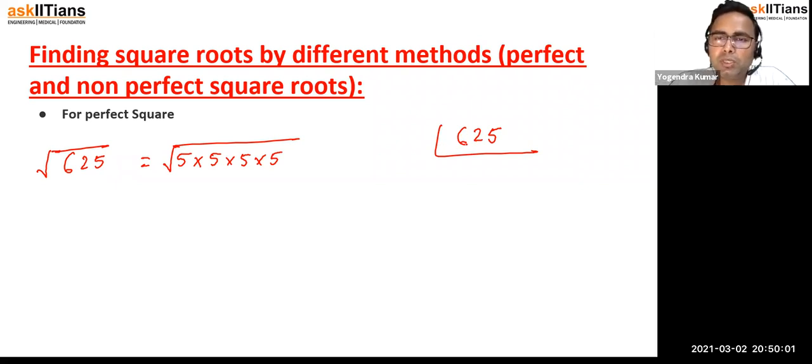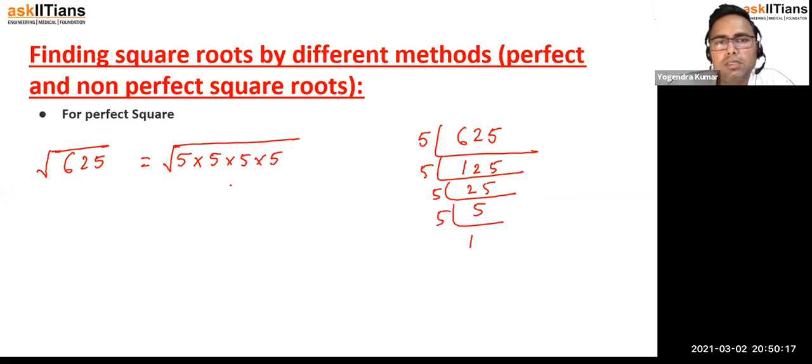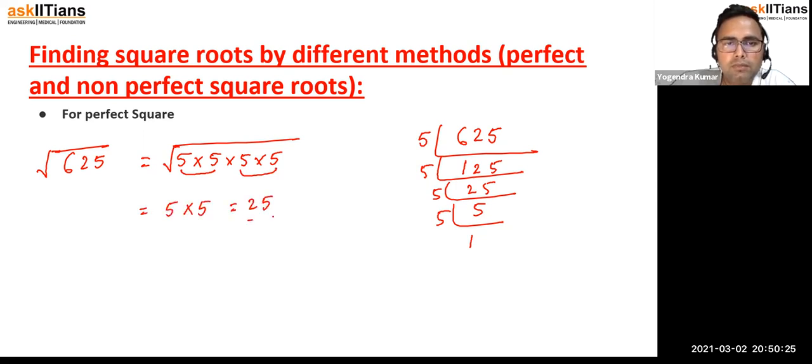It doesn't go by 2, 3 or 4 as it is an odd number, so we see that it goes by 5. 5 fives are 25 and 5 fives are 25, then 5 fives are 25 again, and 5 ones are 5. Now one pair here, one pair here, so we get 5 and 5. The answer is 25.